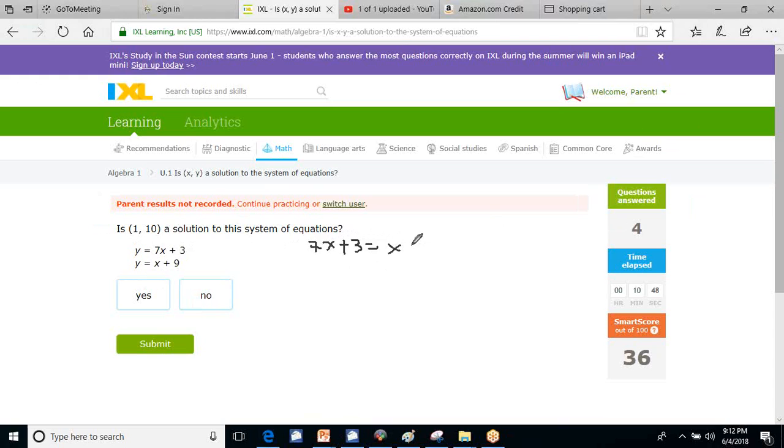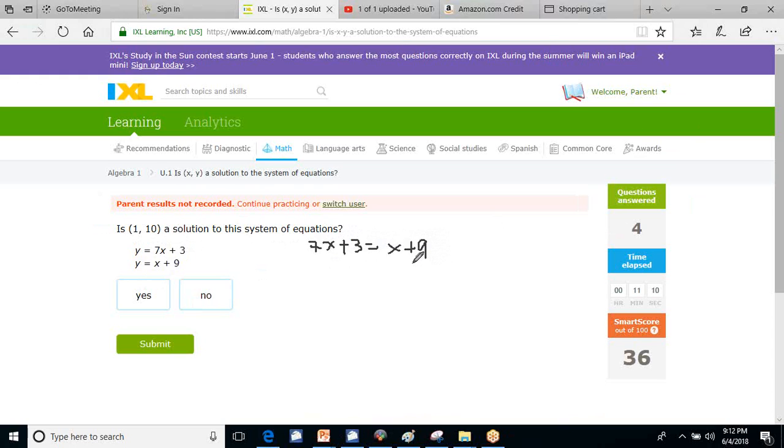So these two expressions have to be the same. They have to be equal. You see that? Because y is equal to 7x plus 3 and y is equal to x plus 9. So 7x plus 3 has to be equal to x plus 9.